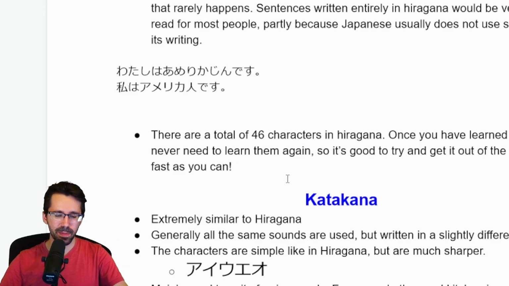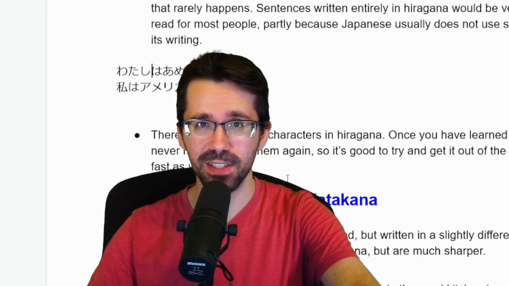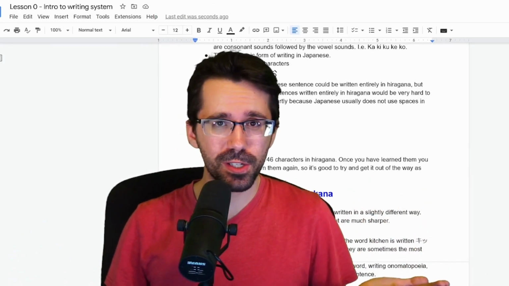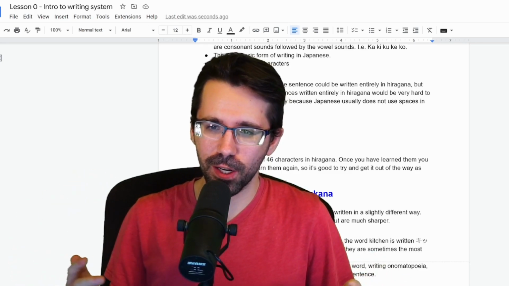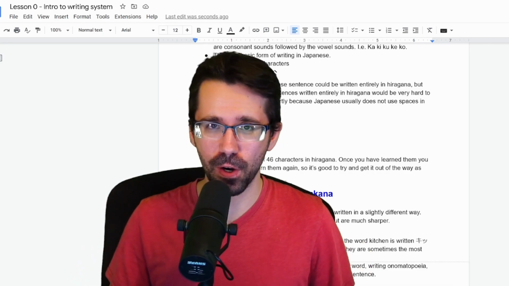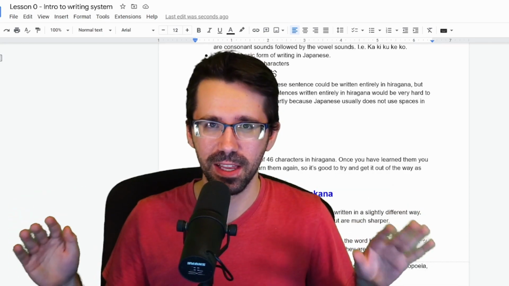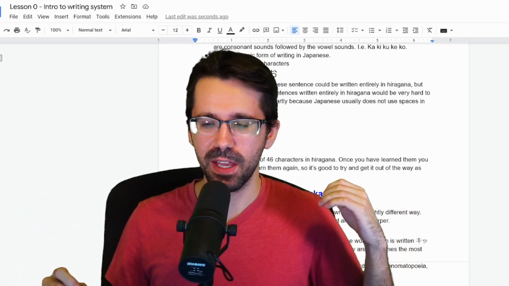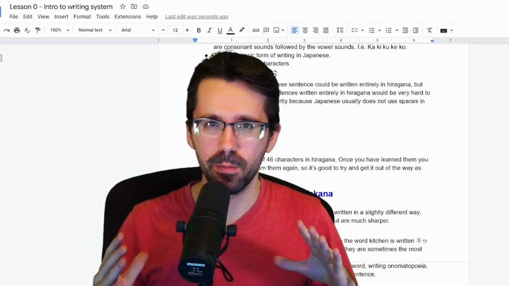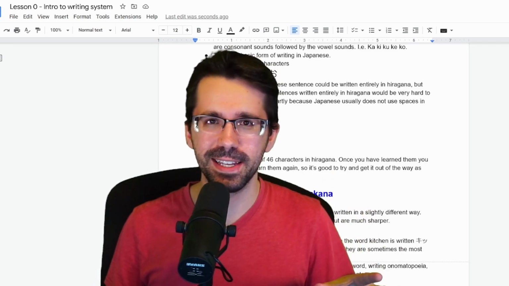it does make sense to try and learn hiragana as quickly as you can. Again, as I mentioned before, you could start learning vocabulary, you could start learning grammar, but it really does make sense to learn hiragana first before you do anything else. The reason for that is as you're learning vocabulary words, you might as well be practicing them written in hiragana.